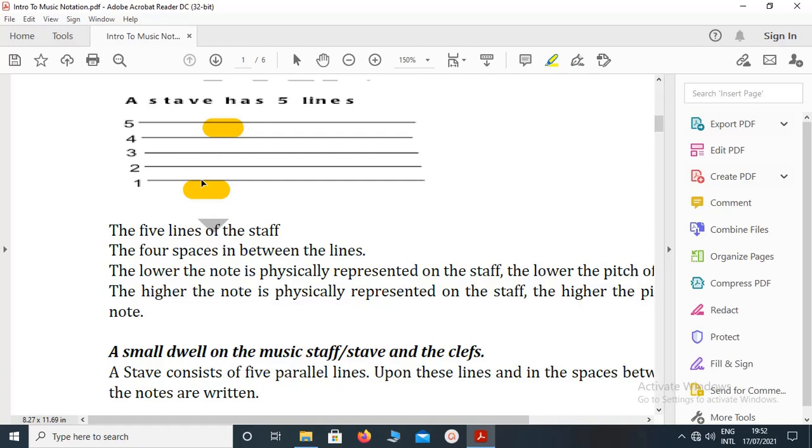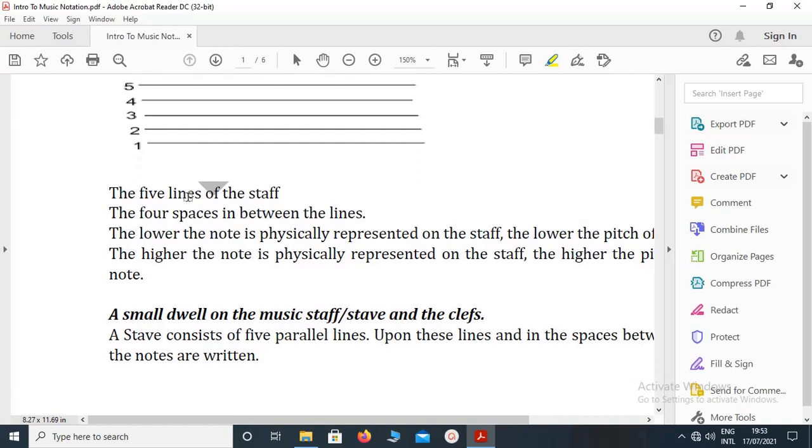So this would be like, do, do. Those are pitches. The higher you go, the stronger or louder or sharper the note becomes. When you go down, the deeper the notes become.